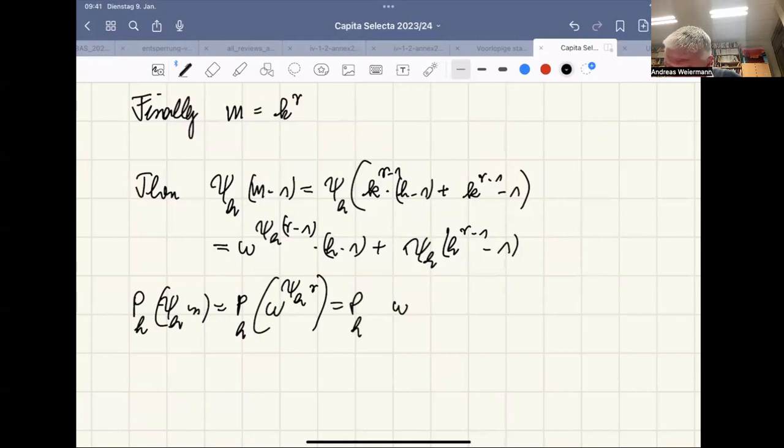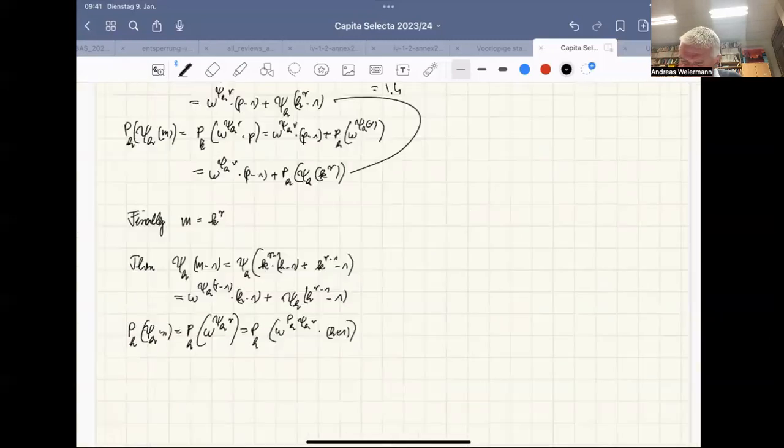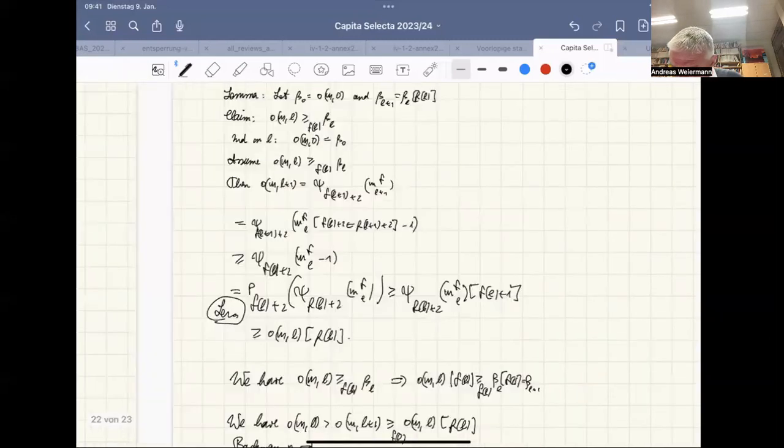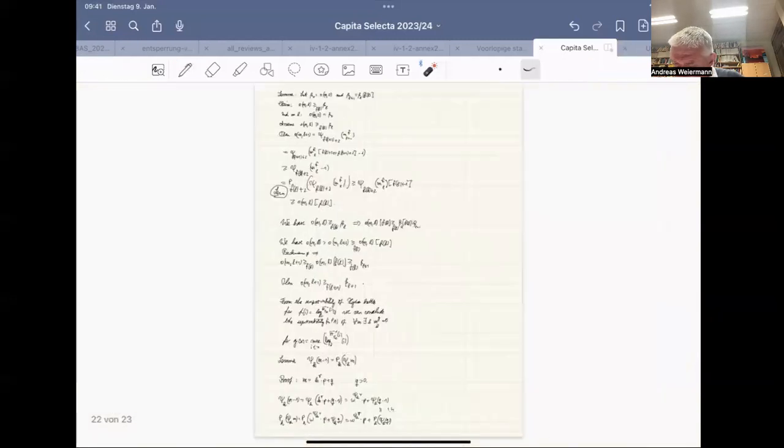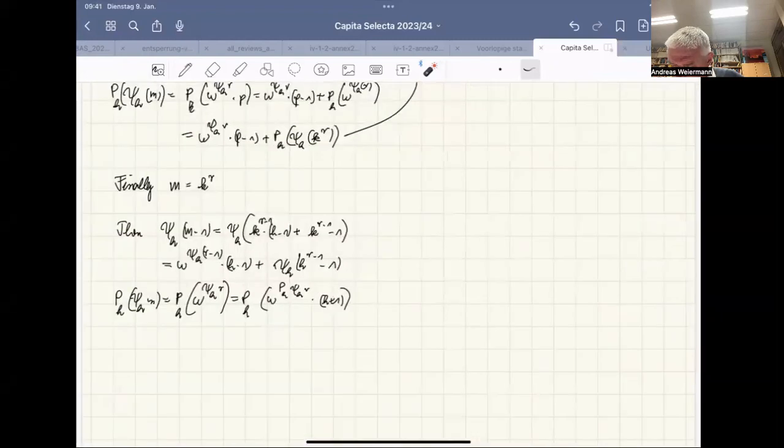Ck of omega to pk of ck of r times k plus 1. So where did I take this from? Look here. The magic lemma over here shows up.